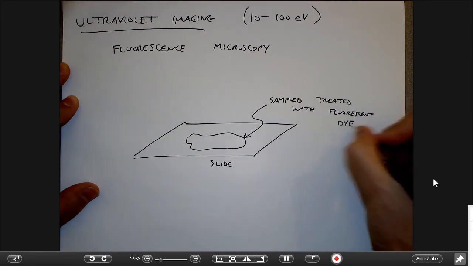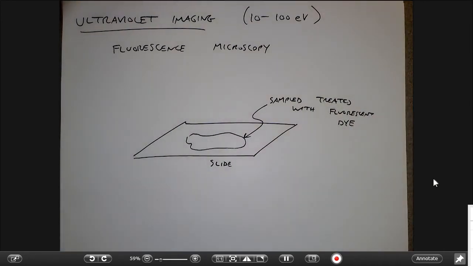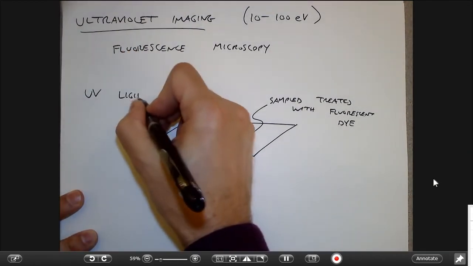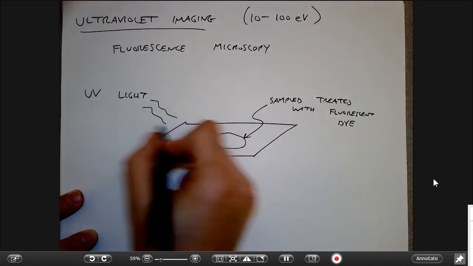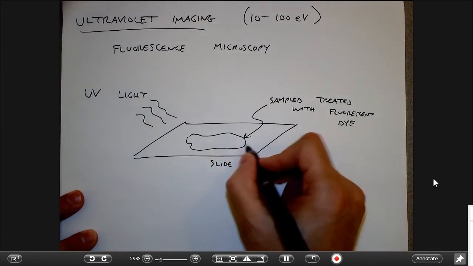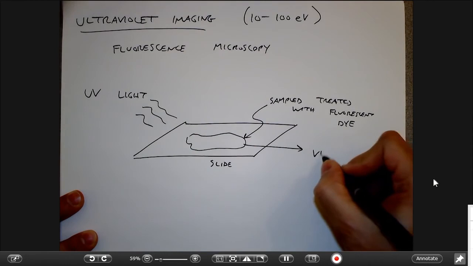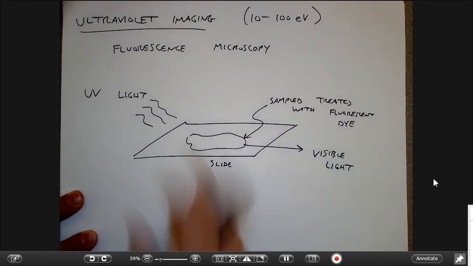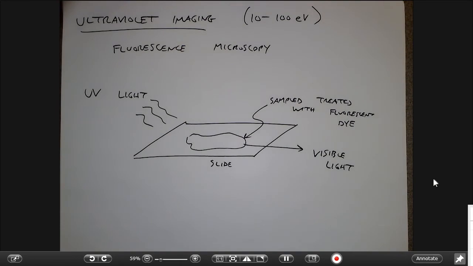For example, there's something called green fluorescent protein. That's a very common dye. Then what you do is you shine UV light onto the sample, ultraviolet light, and what comes off is visible light. That's what fluorescence is, basically: lower energy photons. It's going from UV down to the visible spectrum.